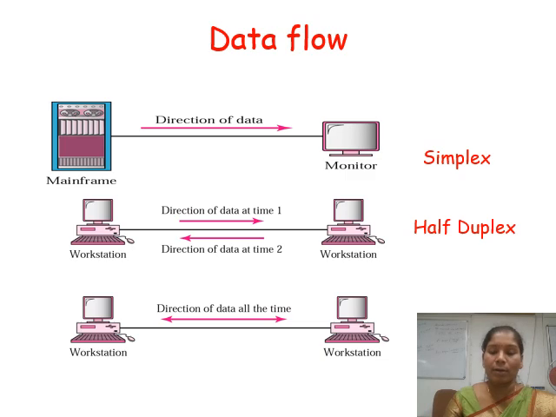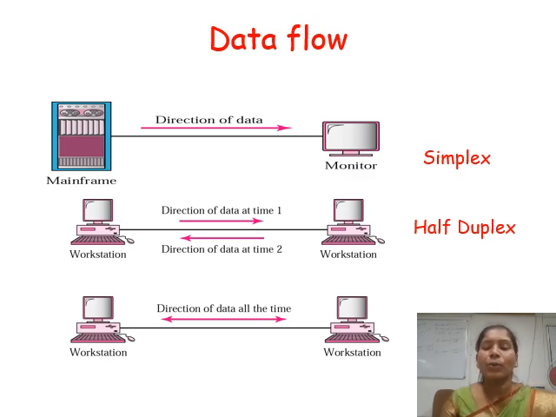After that only you can receive data from another node. In this example, two workstations are there. The first workstation is sending the data to the second workstation. After sending the data, the workstation will receive the data, then send back to the other workstation, like how we are communicating with the computer system.